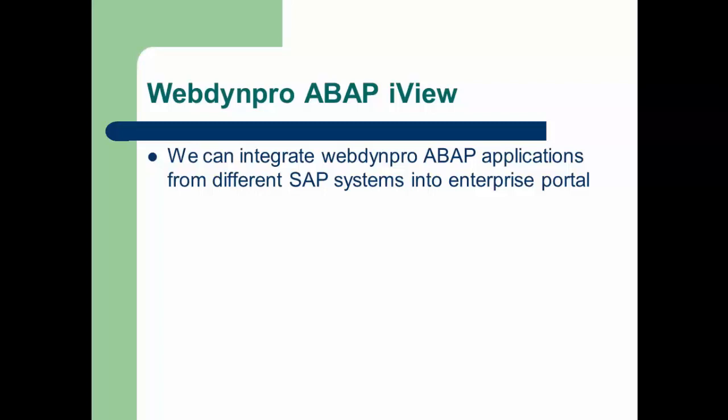So we have to create the Web Dynpro ABAP iView in SAP Enterprise Portal. For these three iViews, the prerequisites are the SAP system object and system alias, and we should configure SSO with login ticket or user ID and password.